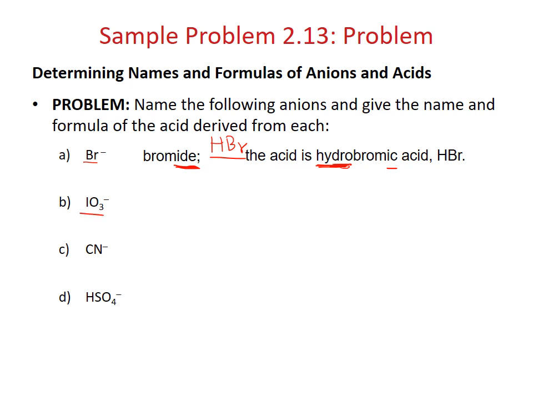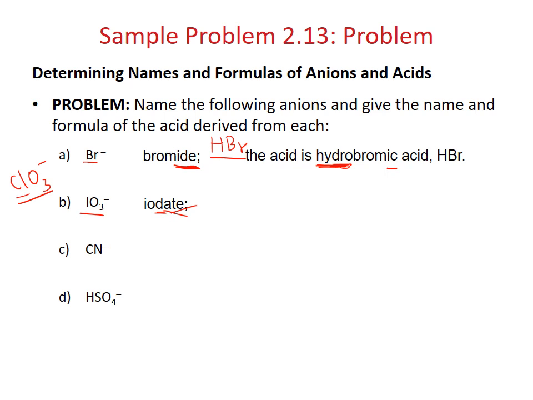The next one is a polyatomic ion, and the name is iodate, ATE. Now, if you cannot recognize it, go to the polyatomic ion table and find ClO3 negative, which is called chlorate. Chlorate becomes iodate.